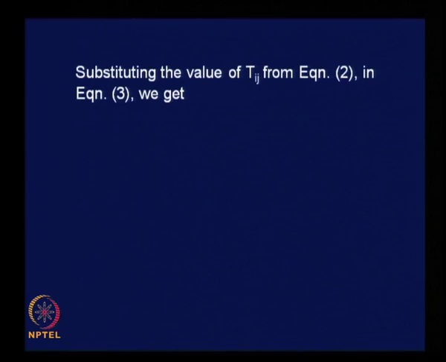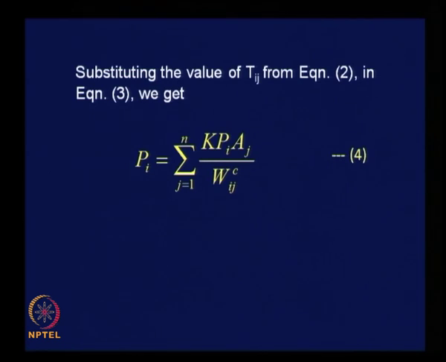Now substitute the value of Tij from the previous equation. In equation 3 we get Pi can be written as sigma j equal to 1 to n k times Pi Aj divided by Wij raised to power c. Agreed?